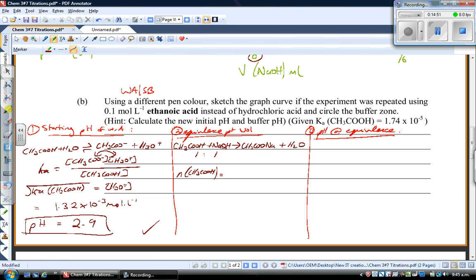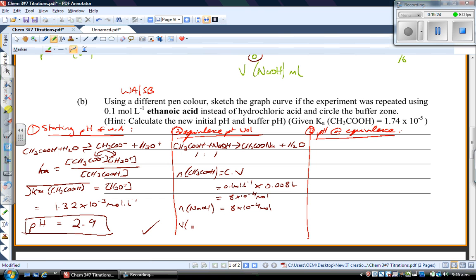So the moles of ethanoic acid can be calculated by taking the concentration, multiplying it by the volume, so that's 0.1 moles per liter and the starting volume is the same. It's the same experiment as on the top. We just switch the acids out, so it's 0.008 liters, and that gives you 8 × 10^-4 moles, which is exactly the same as before. The moles of sodium hydroxide can be related to that because it's a 1:1 ratio from the equation at the equivalence point.